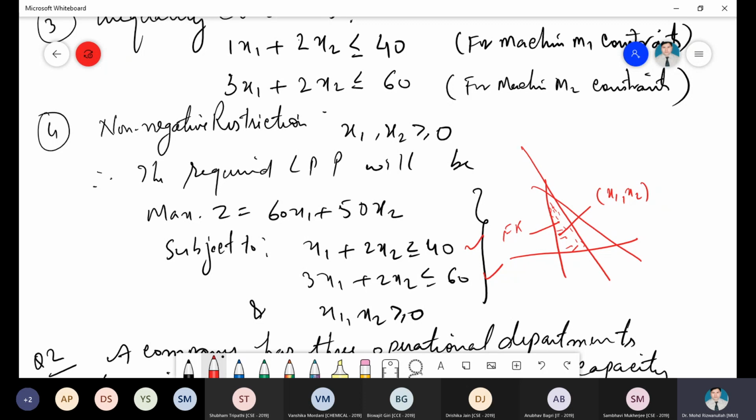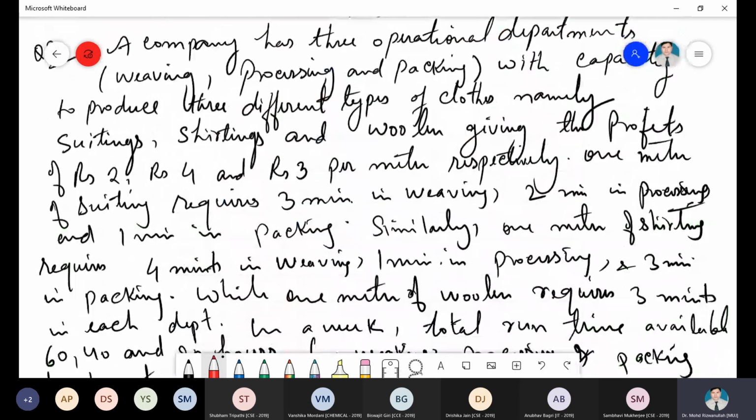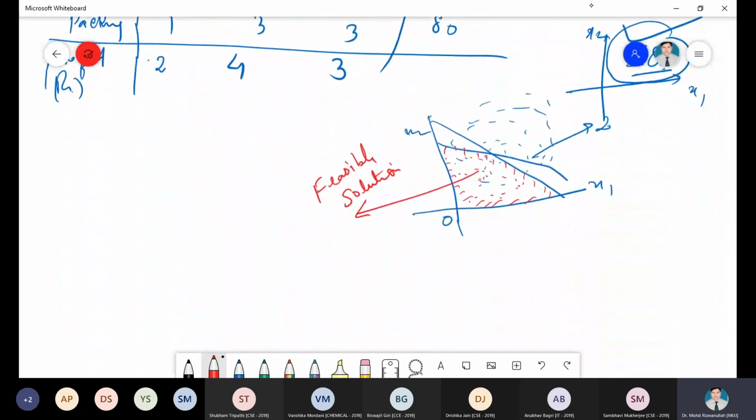I will write all these definitions, don't worry about that. So this is called the feasible solution. Now the next is the optimum solution. Out of these infinitely many solutions in the feasible region, there will be only one solution. We don't know where it will exist, and that one solution is called the optimum solution.